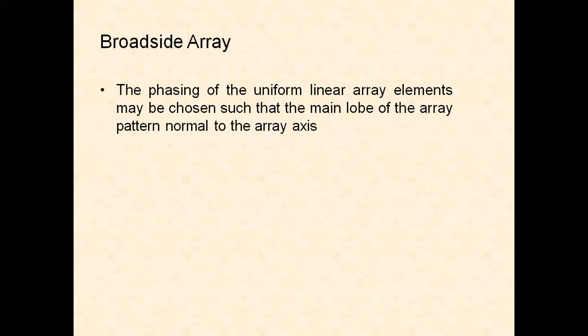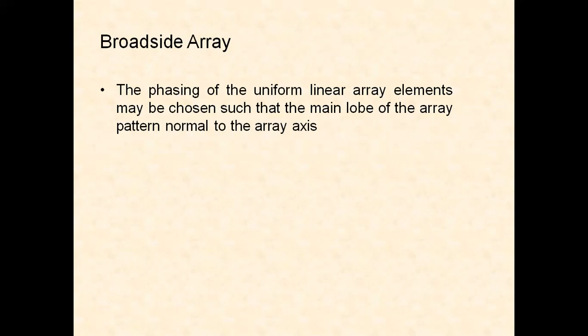The facing of the uniform linear array elements may be chosen such that the main lobe of the array pattern is normal to the array axis. So the main lobe fires perpendicular to the array axis. Fires means produces maximum radiation perpendicular to the array axis and relatively little radiation in other directions.